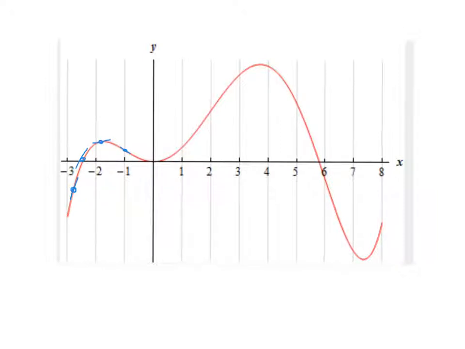So if you look at a graph and say the graph happens to be increasing, like right here where I'm highlighting blue, the graph is increasing. The graph is increasing right here, where from left to right the graph is going up. Think about what type of slope those points or those tangent lines have. What do you guys notice about the slope of the tangent line at all of these points?